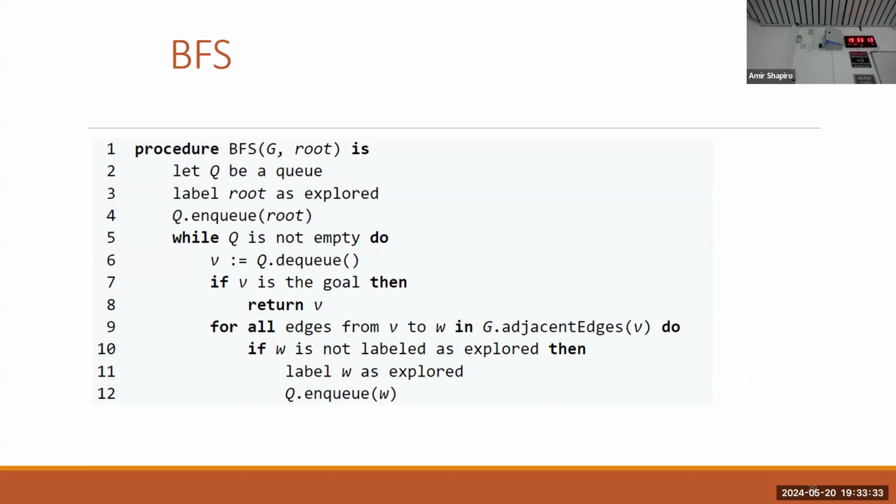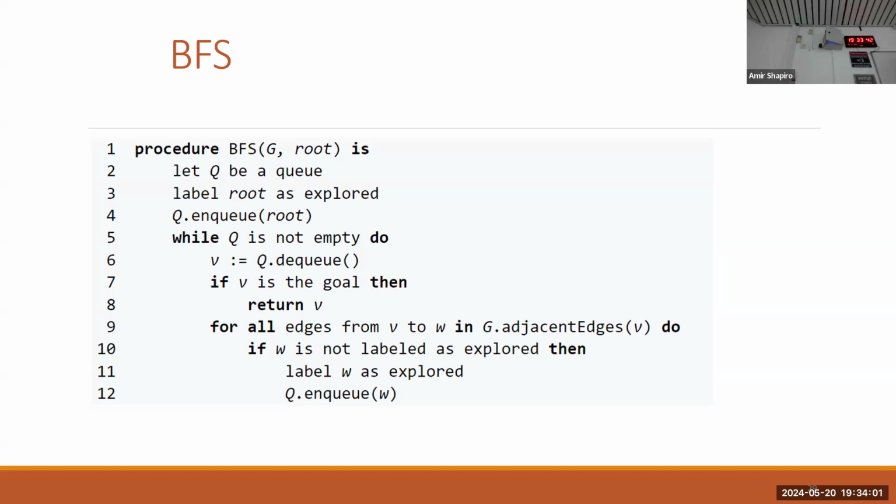We initiate a queue and then label the root as explored. This is like the gray, I think. We insert into the queue the first vertex.